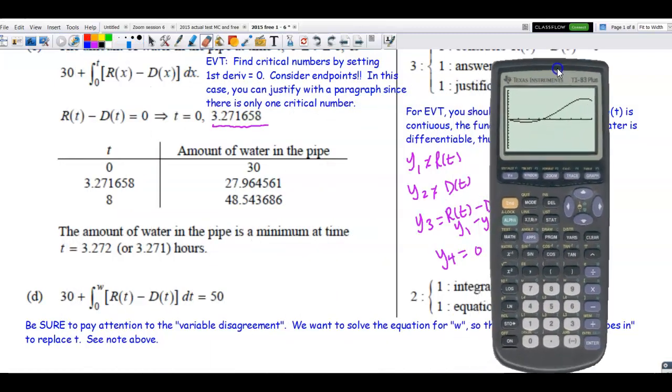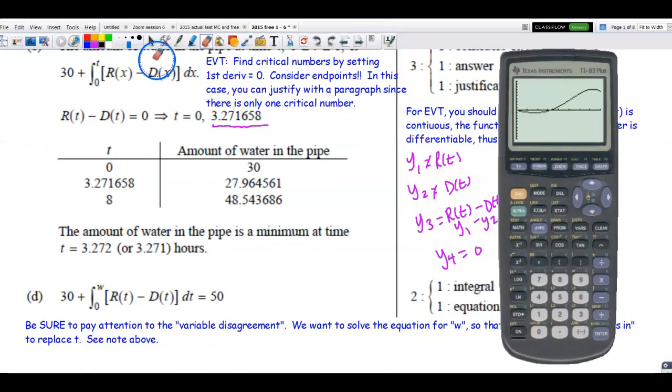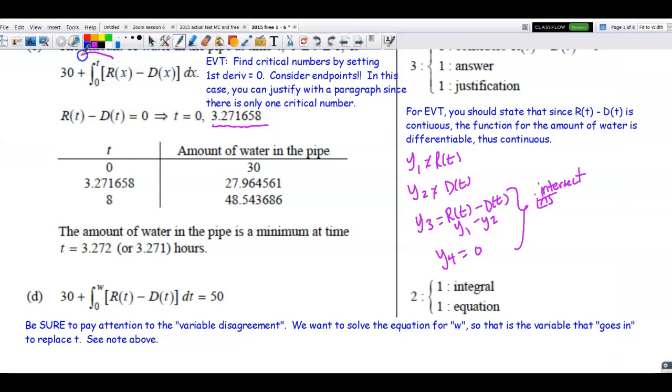Now the other way is to simply create a table of values, and that's why you see up here they wrote an integral. You didn't have to write that integral to get the points if you did what I just said. So in this case, they wrote the integral that will accumulate the amount of water for any time t. So at 0, we already knew that there were 30, I think it's gallons, what we're measuring in.